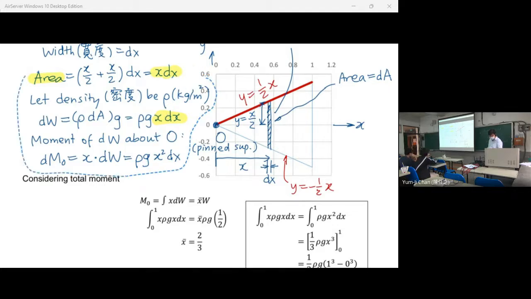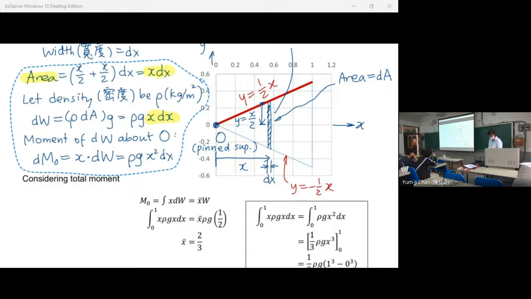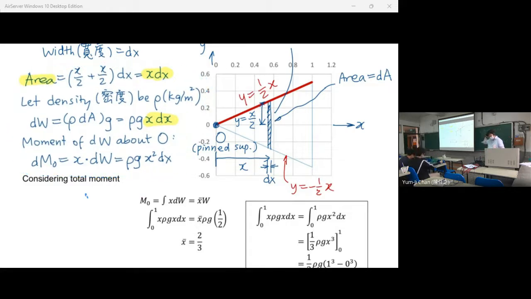Maybe I should move it slightly to the left? x is this direction. x is to the right. Now afterwards, we consider the total moment about O. Because for this part, we only consider one slice.